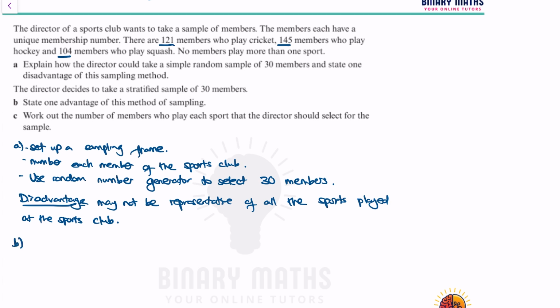Directors decide to take a stratified sample of 30 members. State one advantage of the method of sampling.